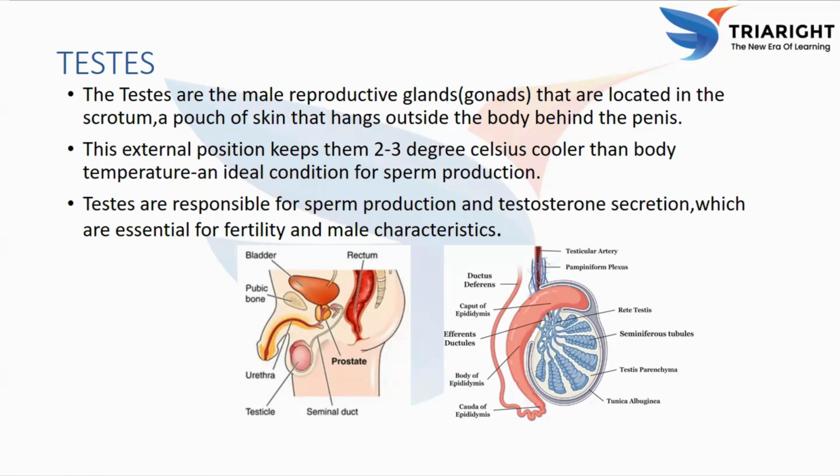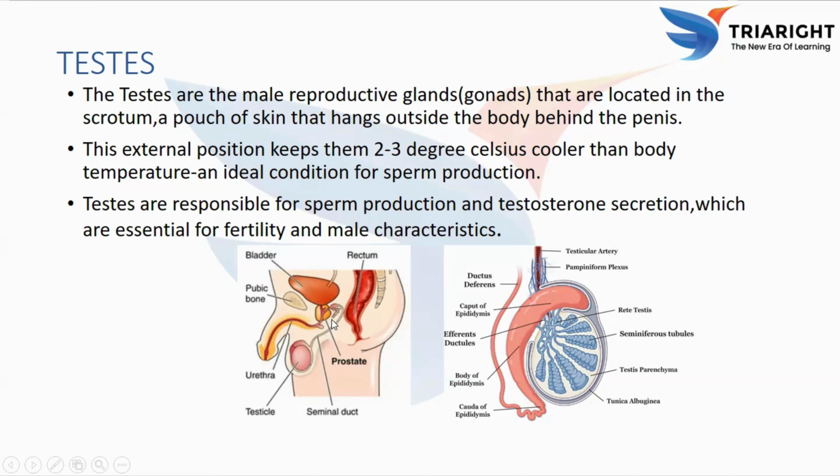The veins drain into the right testicular vein into the inferior vena cava, whereas the left testicular vein drains into the left renal vein. Here you can see the testicular artery, a branch of the abdominal aorta, supplying blood into the testis.